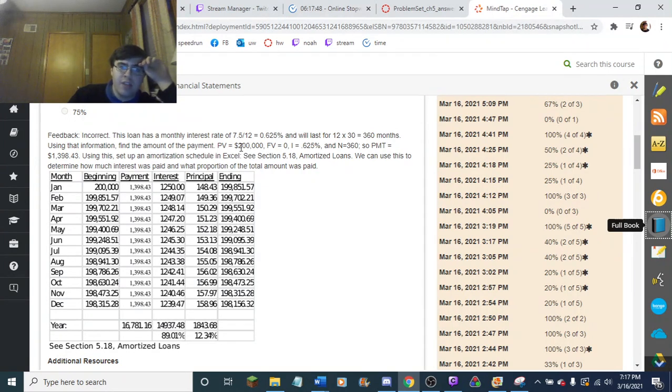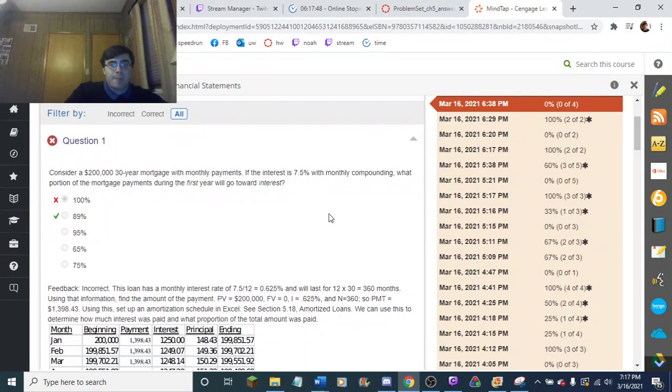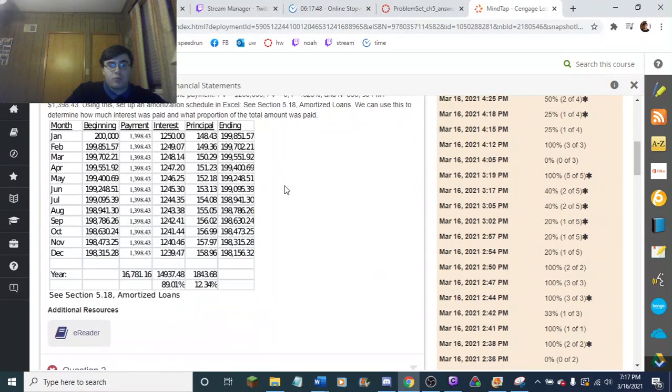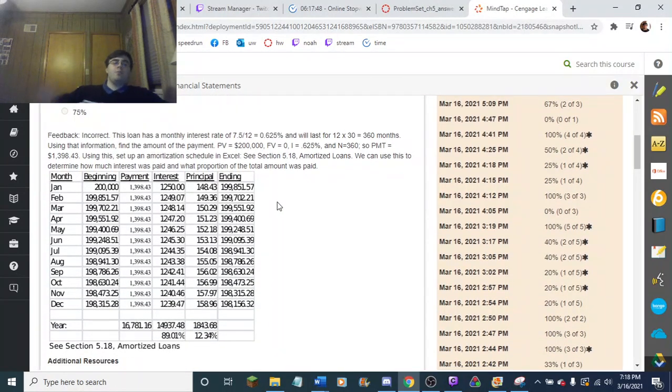When you enter the information that they entered here, it's going to make an amortization schedule of 360 months. Oh, I'm stupid. You only do the first 12 months. I'm dumb.